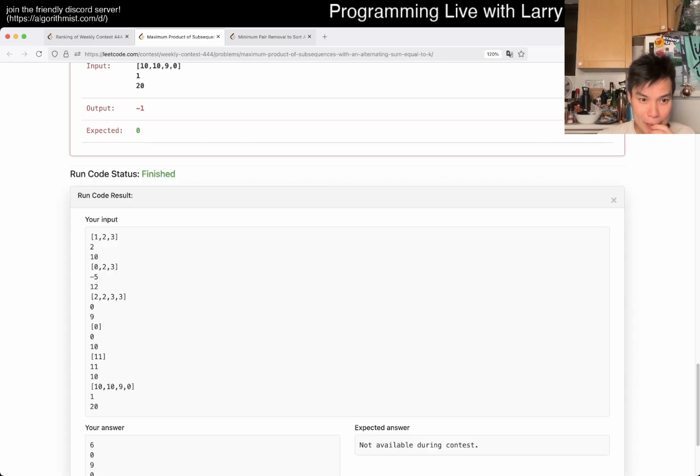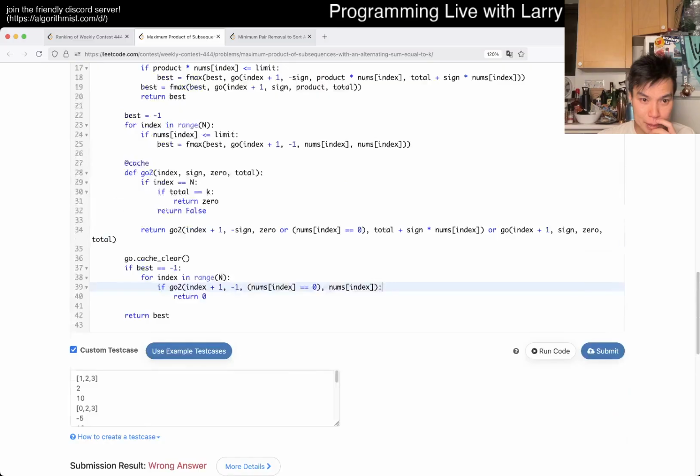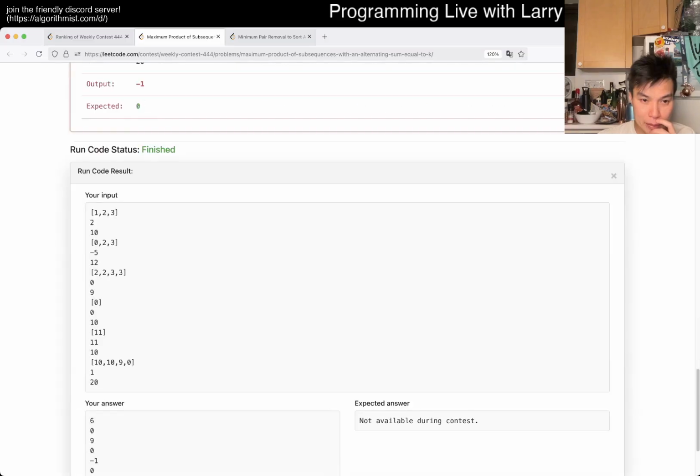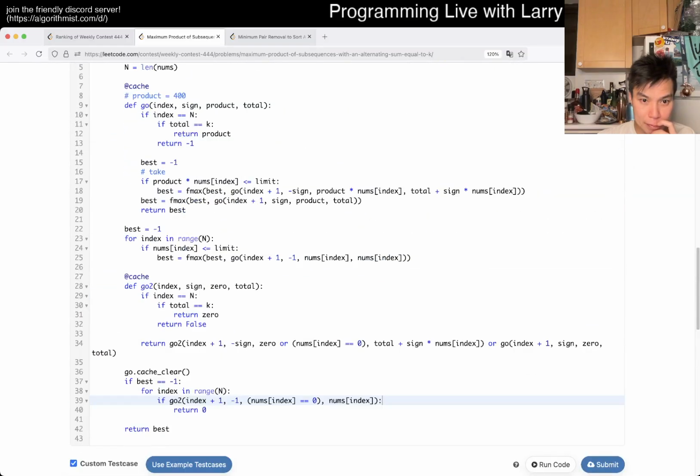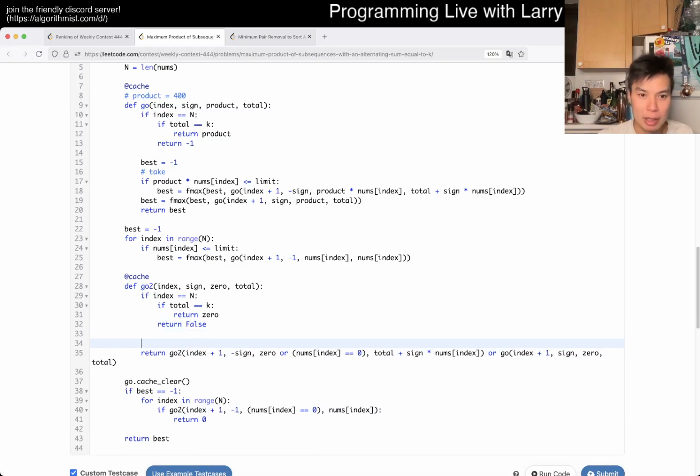What? Why do you think this is possible? Possible -5. Index plus 1 sign. So this is true near 0, right? So okay, why? Tell me why.